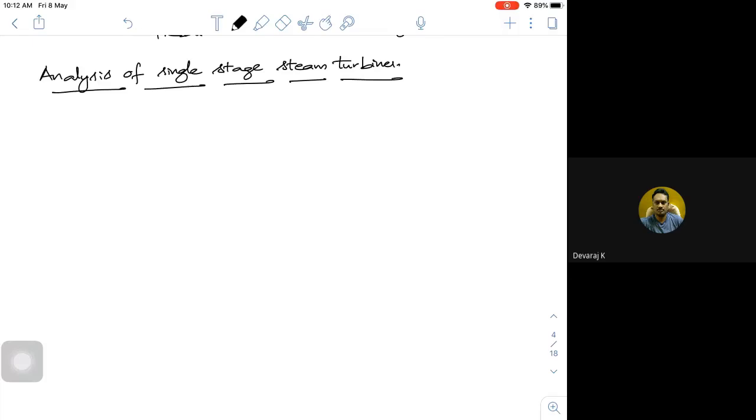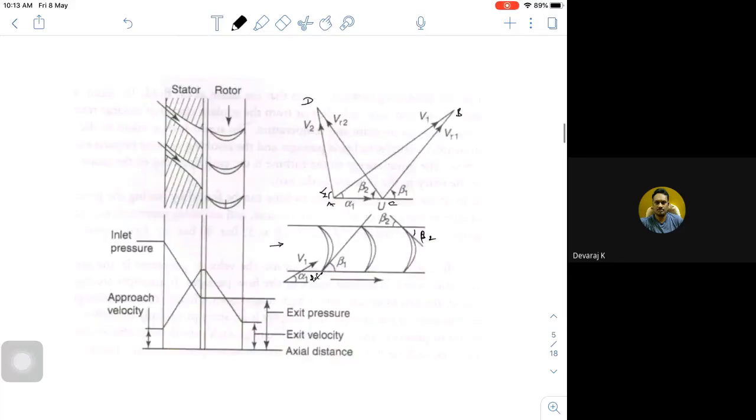In the impulse type, let's take the example of the De Laval turbine. For my impulse turbine, the degree of reaction is equal to 0. Now, I have a sketch here.